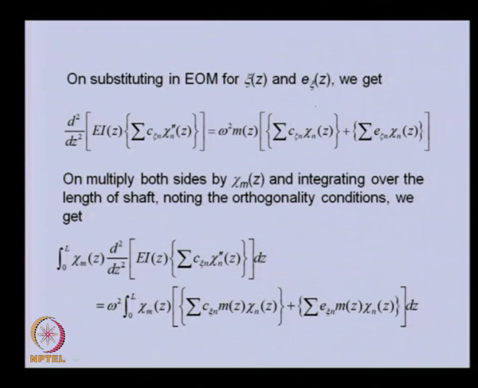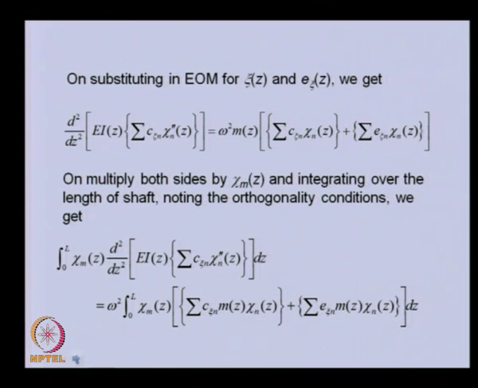Now, we will multiply both sides of this equation by the eigenfunction of the mth mode, and then integrate over the length of the shaft, noting the orthogonality condition to simplify the expression. Once we multiply this by Xm, this term will give us this, and here again we are multiplying by this and integrating over the length of the shaft.